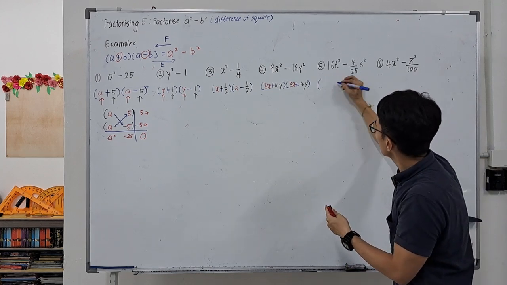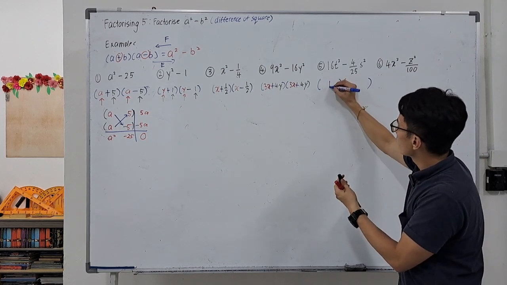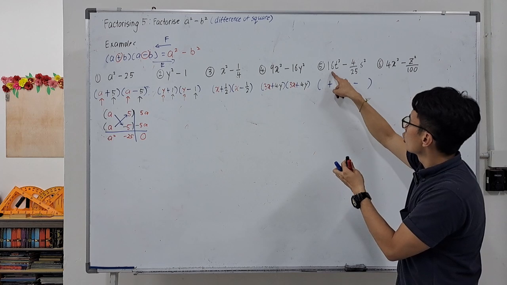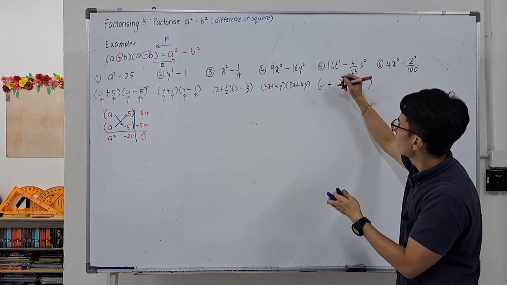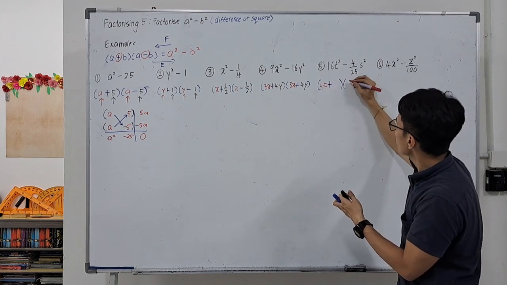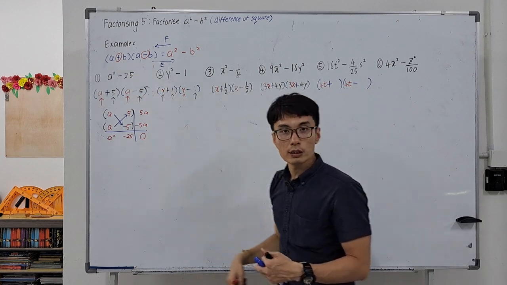So again, 2 big brackets. Okay? One of them is plus, one of them is minus. Square root of 16, that will give me 4. Square root of t squared, that will give me t. So same thing, you will write the same thing over here, right? Same thing over here, okay?